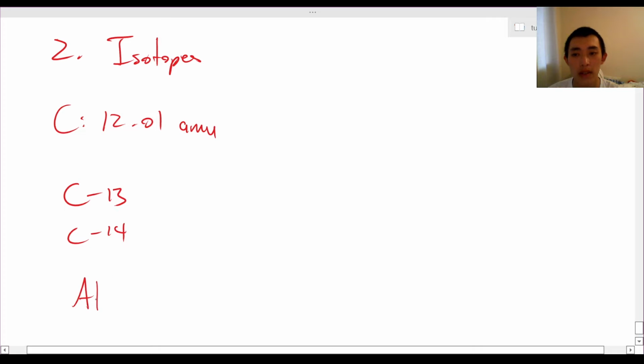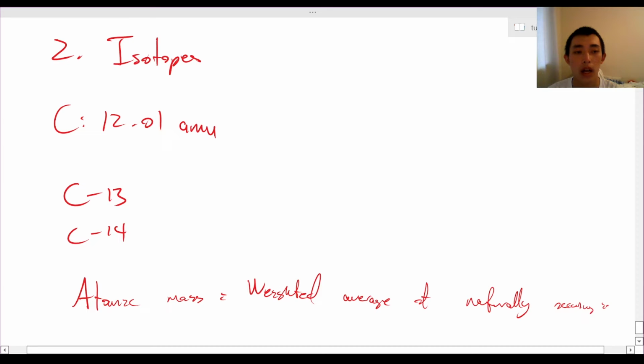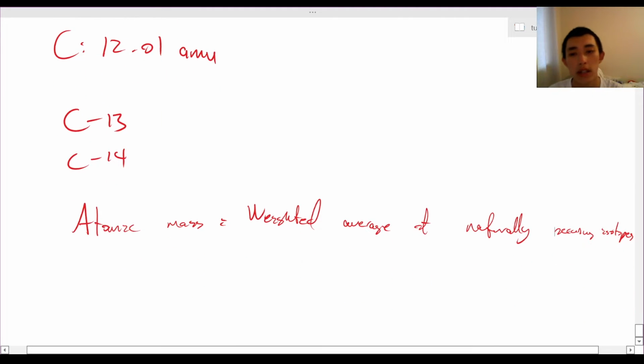So the atomic mass is equal to the weighted average of naturally occurring isotopes. Basically what scientists do is they look around in the atmosphere and find, maybe 99% is carbon-12, 0.7% is carbon-13.